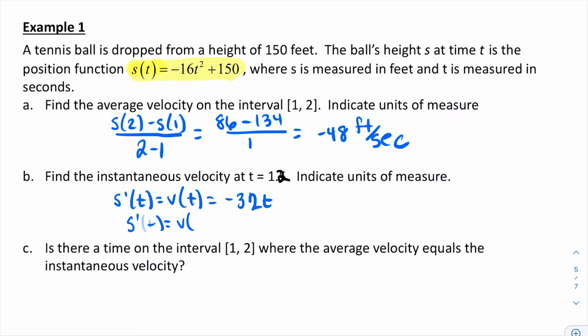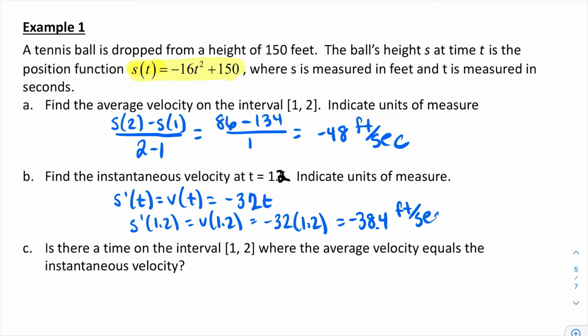I'm not thinking today. I apologize. I'm finding s prime of 1.2, which again equals v of 1.2. So I plug in 1.2, and that gets me negative 38.4 feet per second.